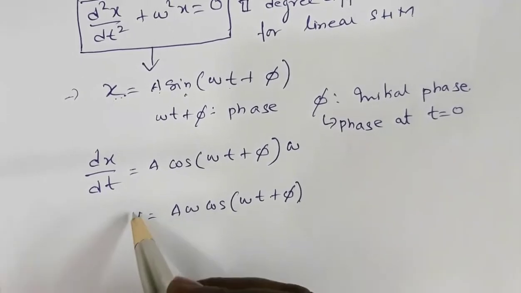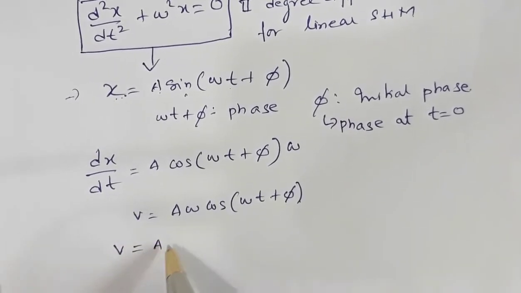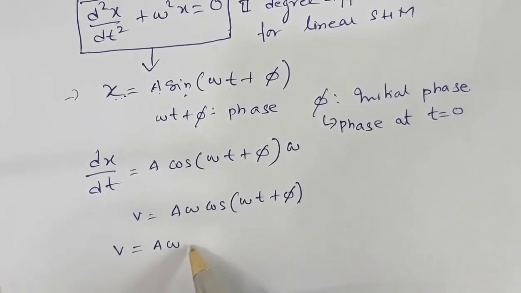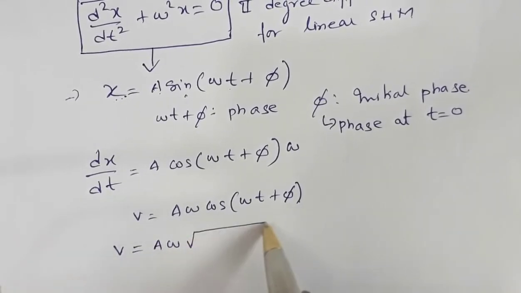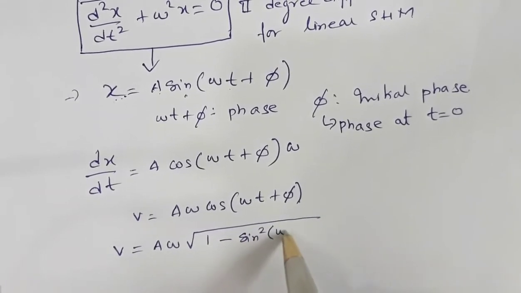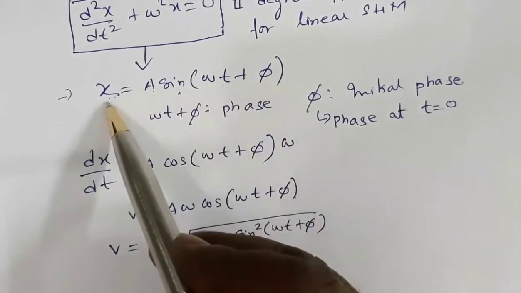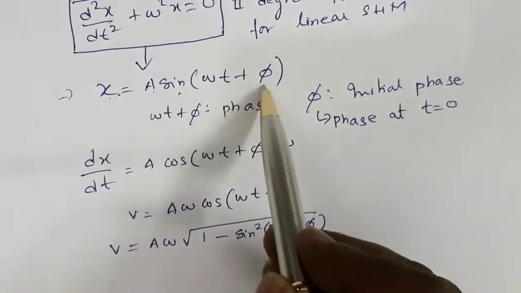Now I can write this as v is equal to a omega times the square root of 1 minus sine square(omega t plus phi). What is the value of sin(omega t plus phi) from this equation? It is x by a.